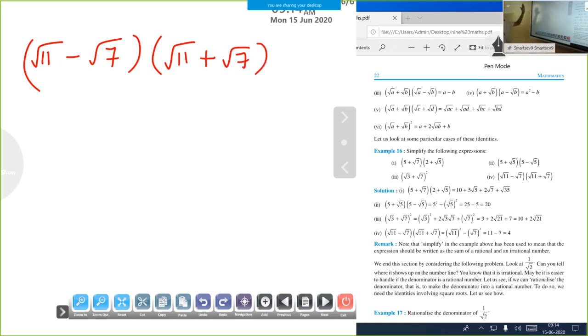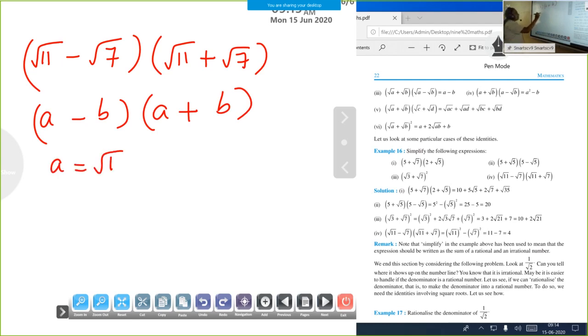Again, this is of the form (a + b)(a − b). So you write (a − b)(a + b). In the place of a, the value is √11, and in the place of b, the value is √7. So a = √11 and b = √7.